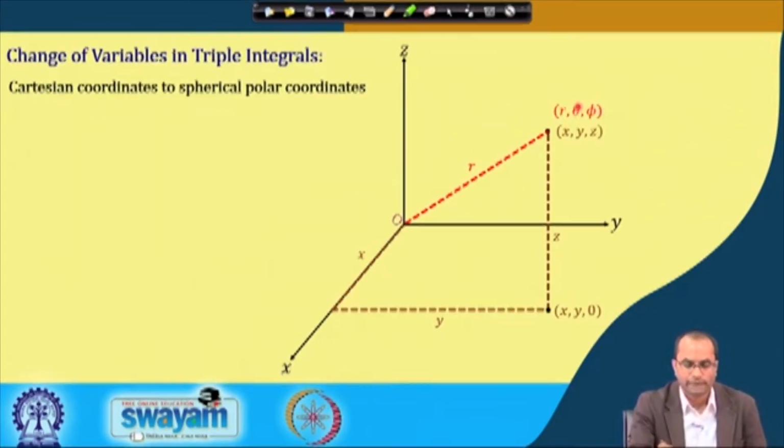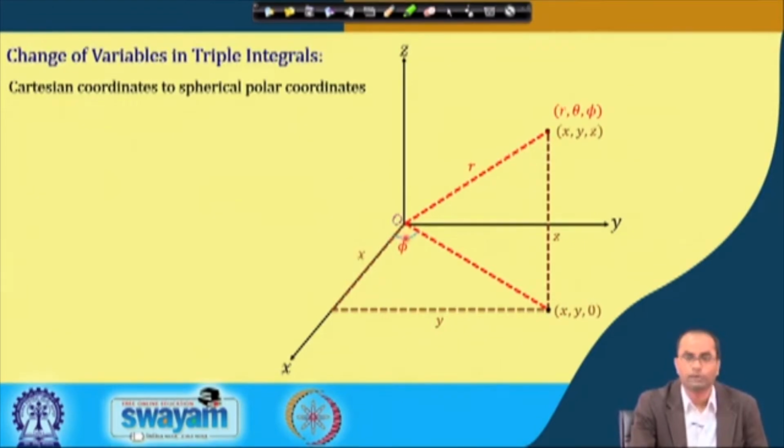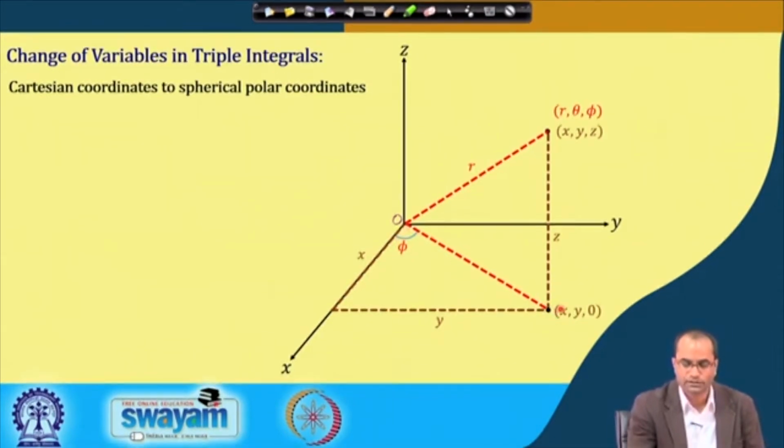So, here the angle phi is the angle to the point which was the perpendicular from this x y z point to the x y plane. So, this is the angle phi from the x axis: from the x axis to this line, which is in the x y plane, to this point x y 0, that is the angle phi.